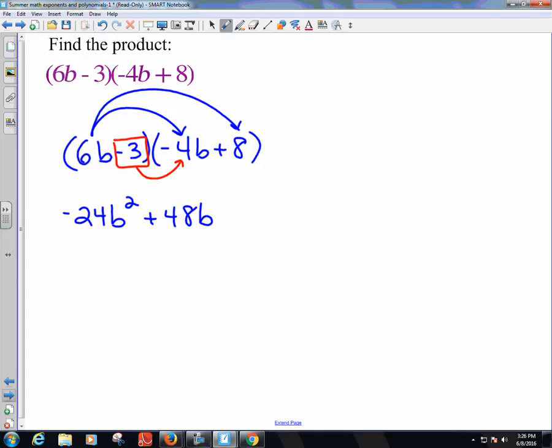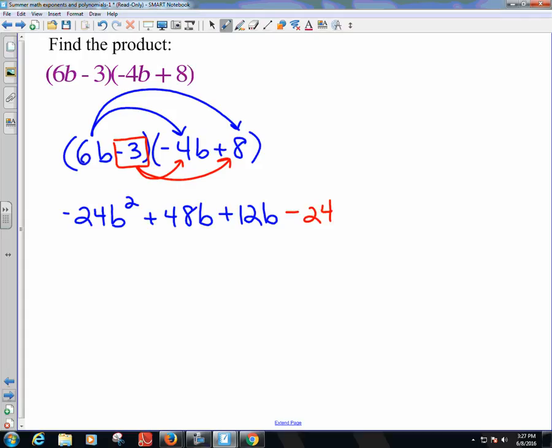Negative 3 times negative 4b. Well, negative 3 times negative 4 is positive 12. There's no b in the first term and there's a b in the second term, so I bring this down and I have 12b. The next thing I need to do is take that negative 3 and multiply it by this 8. Negative 3 times positive 8 gives me negative 24.